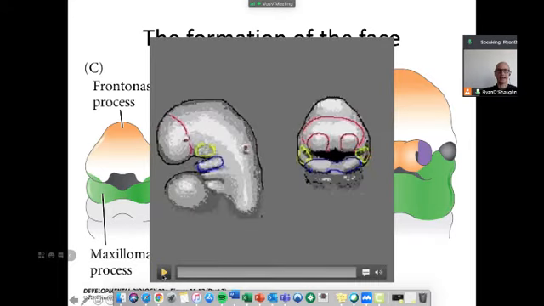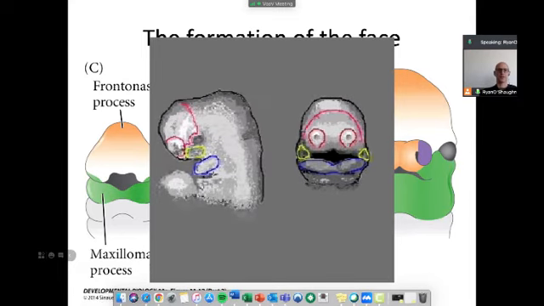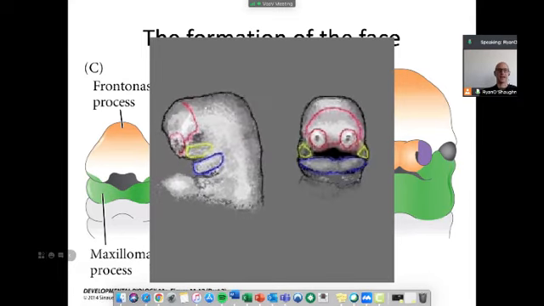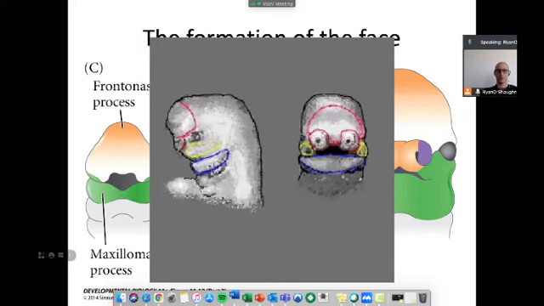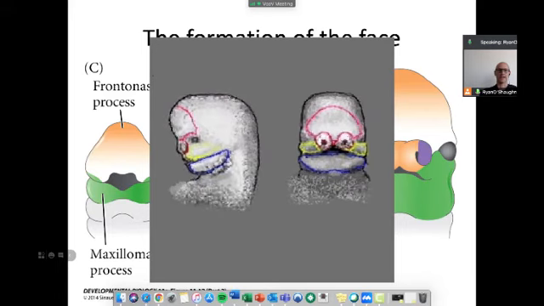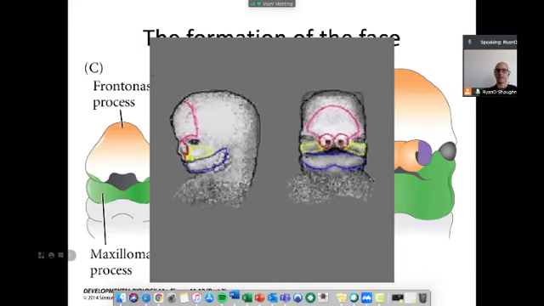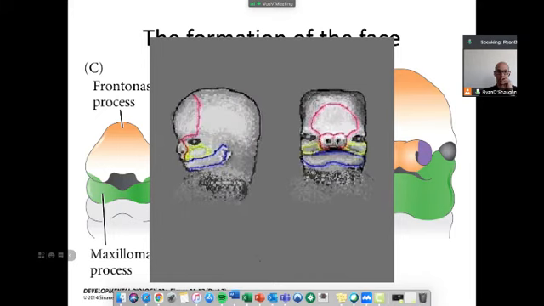And you can see how these processes form the various parts of the skull and the head in this movie. You can see the movement of the frontal nasal process in red, the lateral processes in yellow, and the maxillomandibular process in blue.